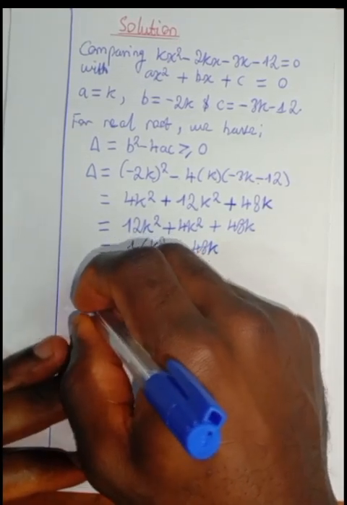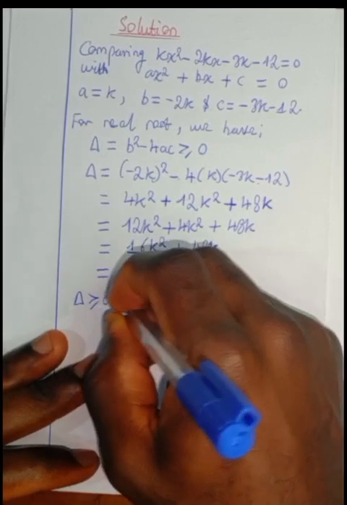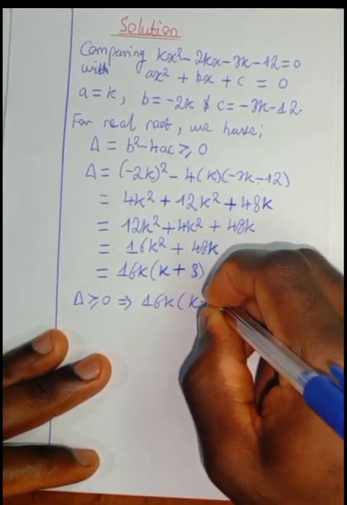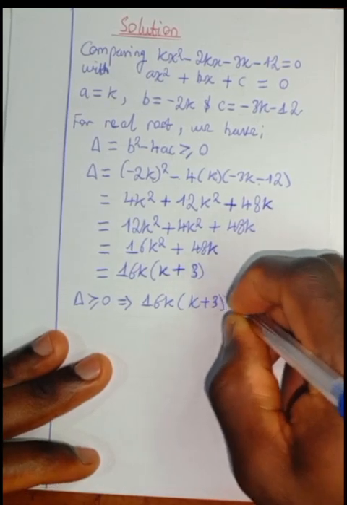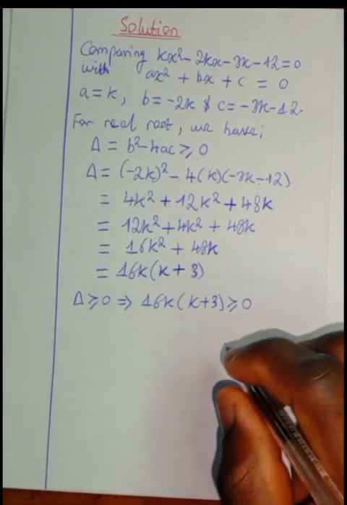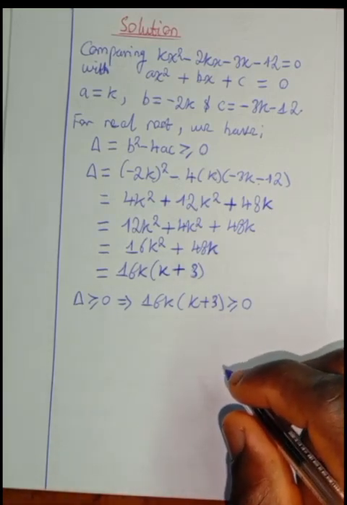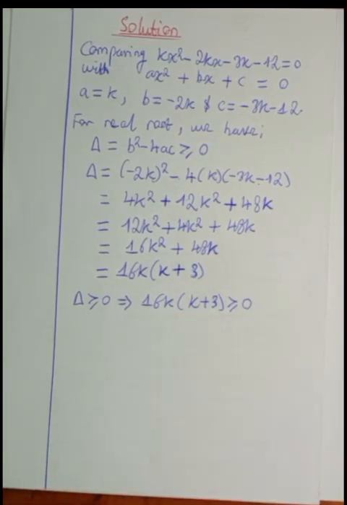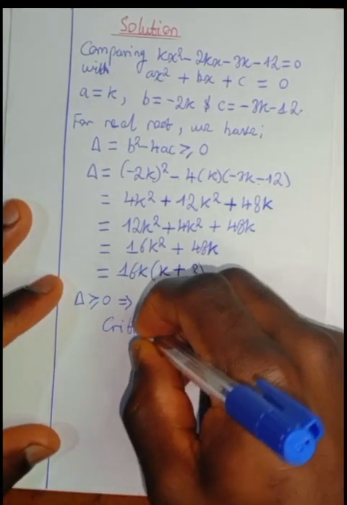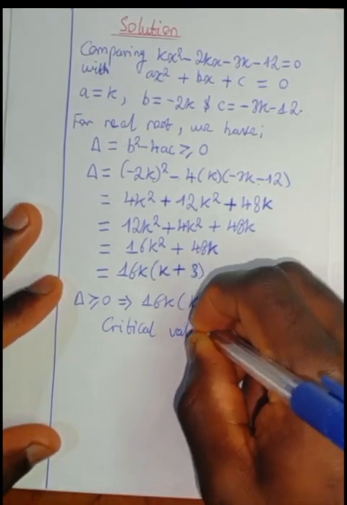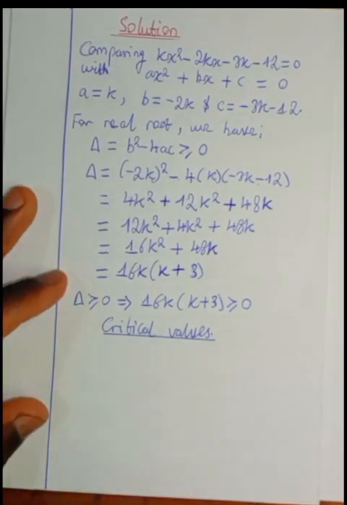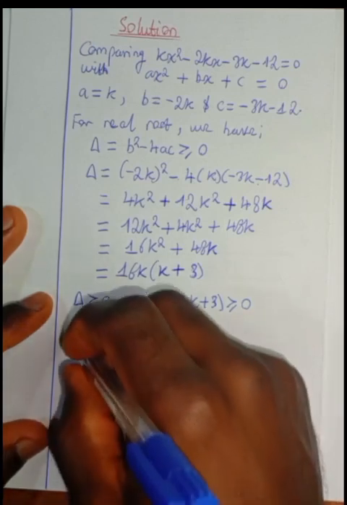The discriminant being greater than or equal to 0 simply means 16k times (k plus 3) is greater than or equal to 0. And this is a quadratic inequality which we are going to solve. The first step is to find the critical values. It is important to find the critical values. After finding them, we are going to draw our sign table.